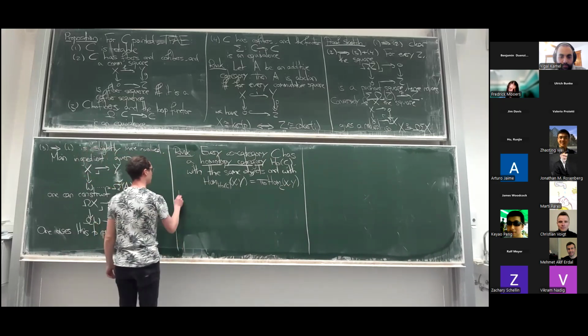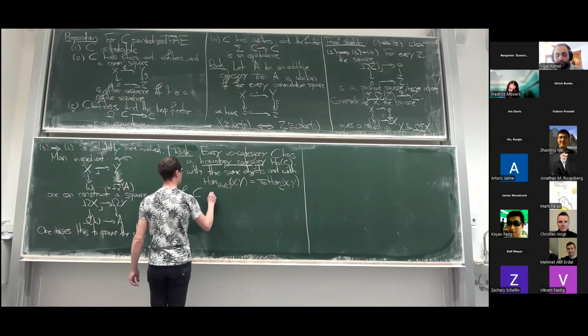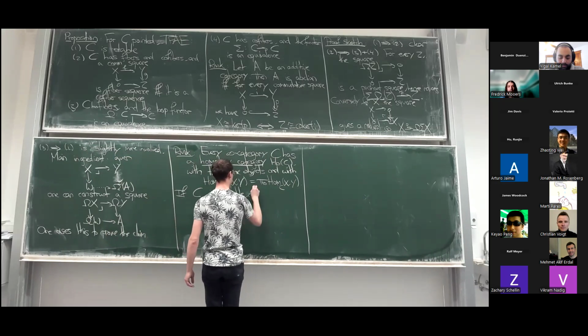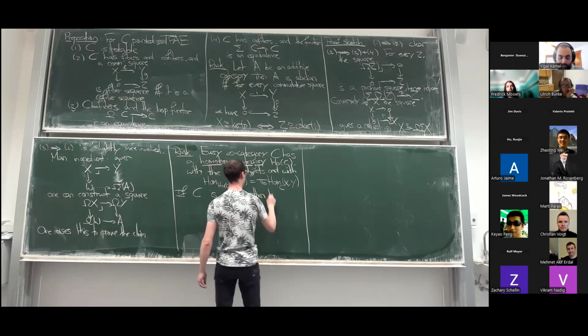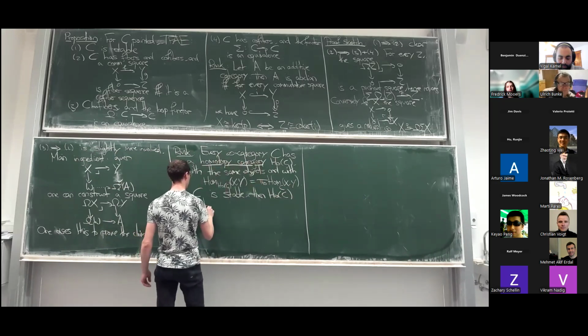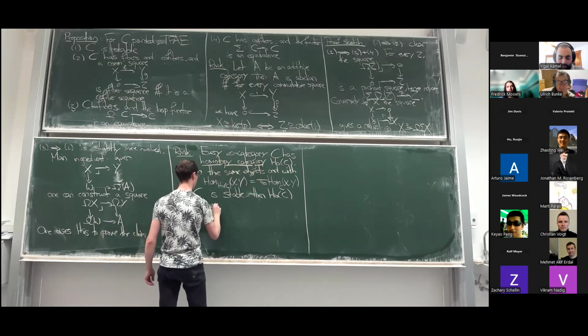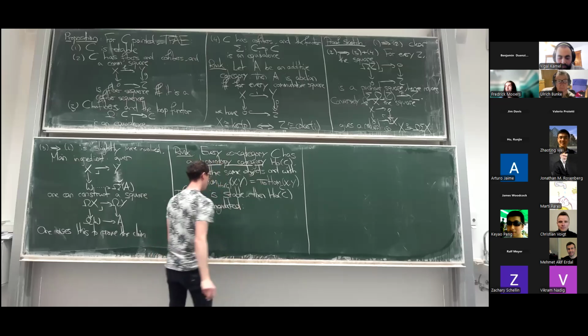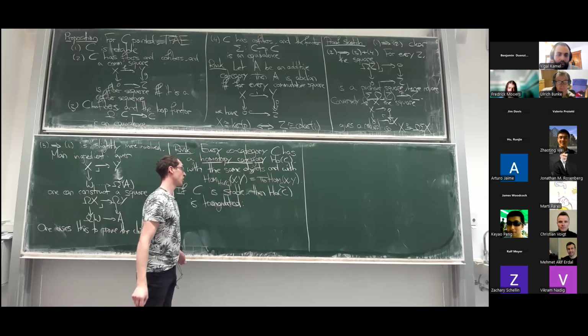And then if C is a stable infinity category, then the homotopy category will be a triangulated category.